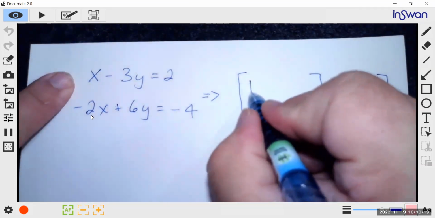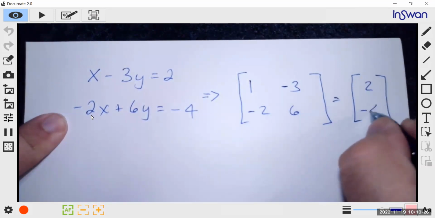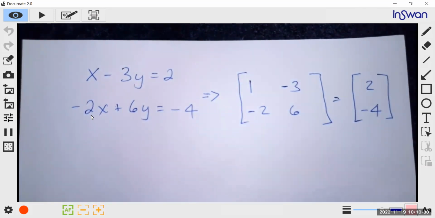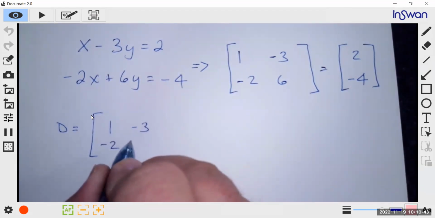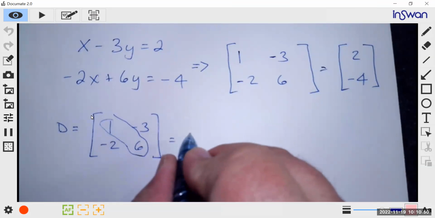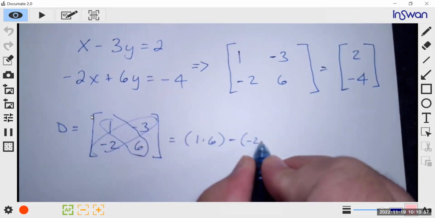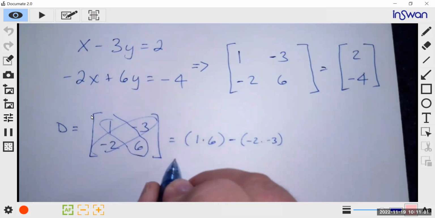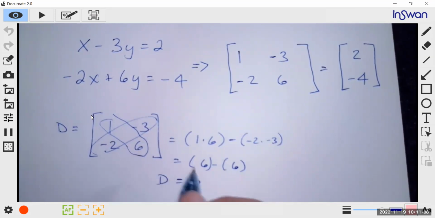So the coefficients: 1, negative 3, negative 2, 6, 2, negative 4. 1 times 6 minus negative 2 times negative 3. 6 minus 6 is 0.